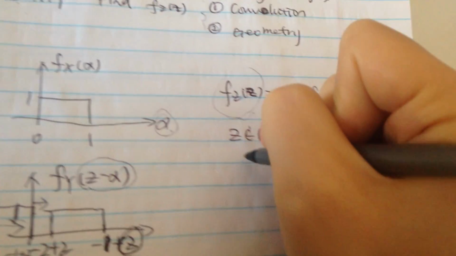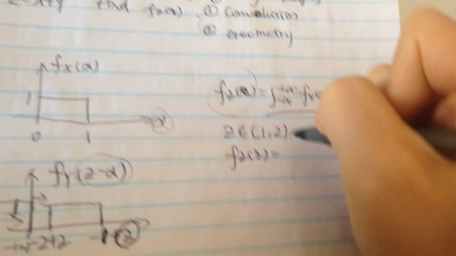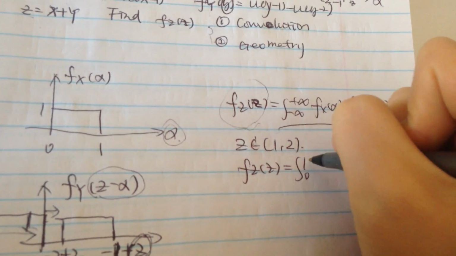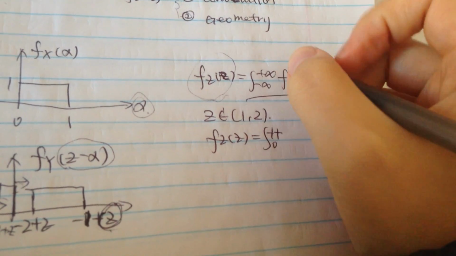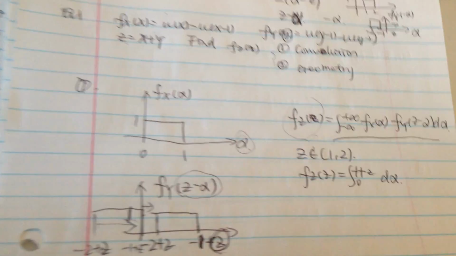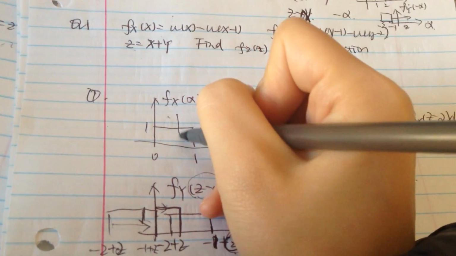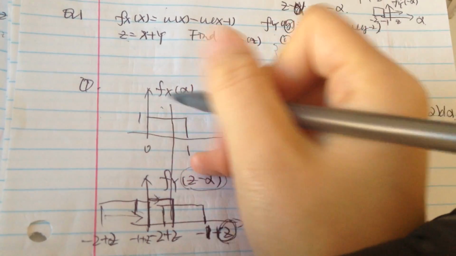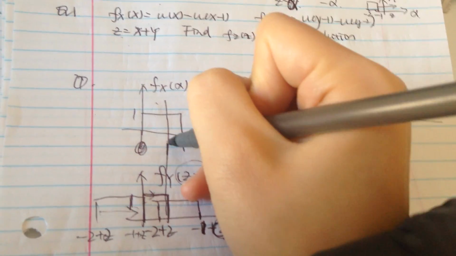So the density function of z would be from 0 to -1 plus z, y from 0 to -1 plus z. Move a little bit more. If we multiply this figure, we're gonna start from 0 to this part.